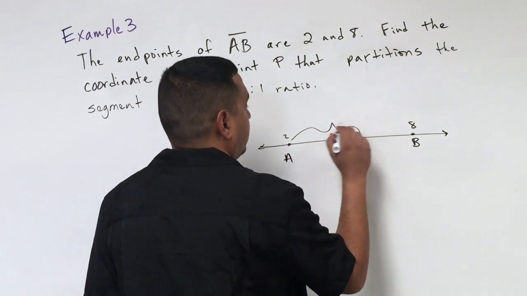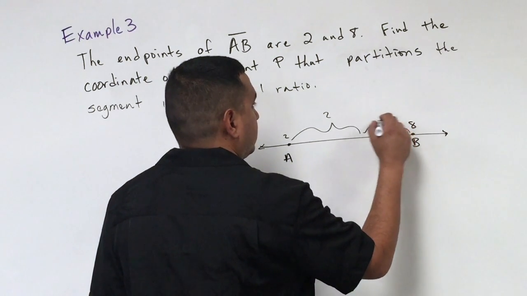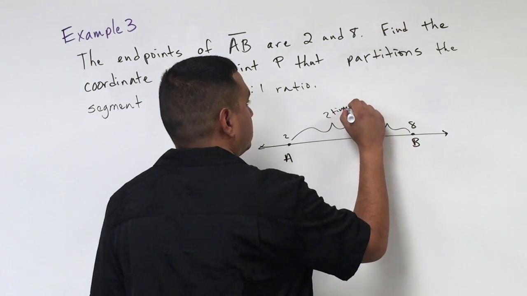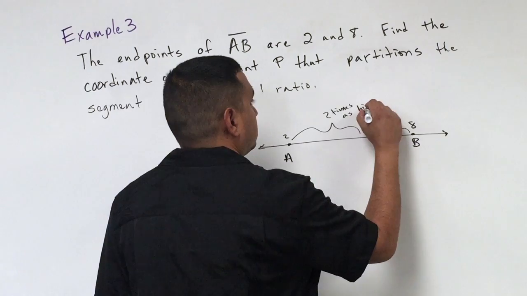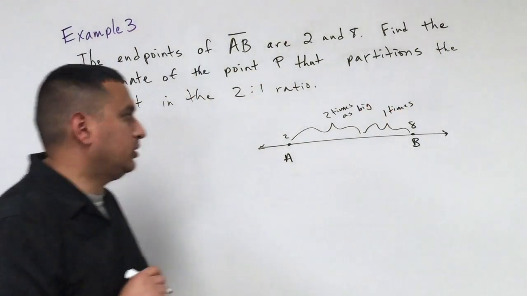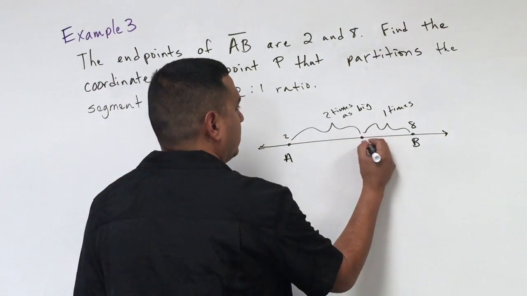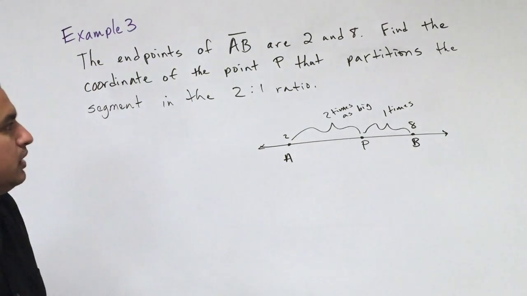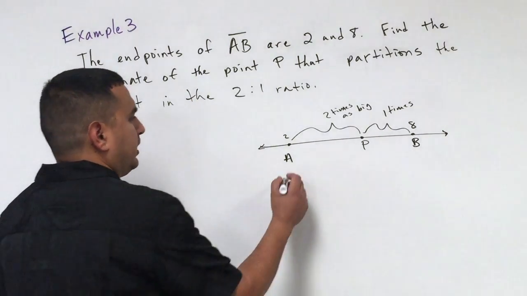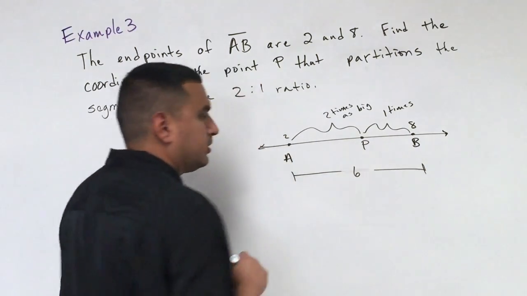All right, so what they want us to do is split this up into a 2-to-1 ratio, meaning this piece from here to here has to be twice as big as this piece right here. So what we need to do to find this out, P is somewhere right here. We want to figure out what that value actually is. So the length from here to here, that whole distance, is 6 units.